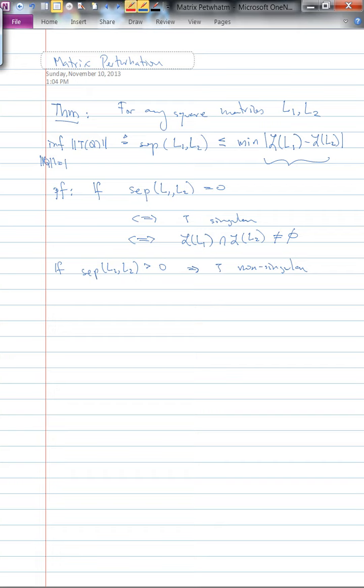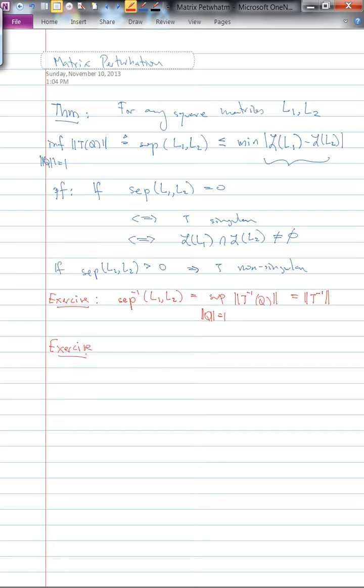And something that you should check is that this is equal to the supremum over norm of Q equal to 1 of the norm of T inverse of Q, which is just the induced norm on the inverse of T. It's the first exercise.